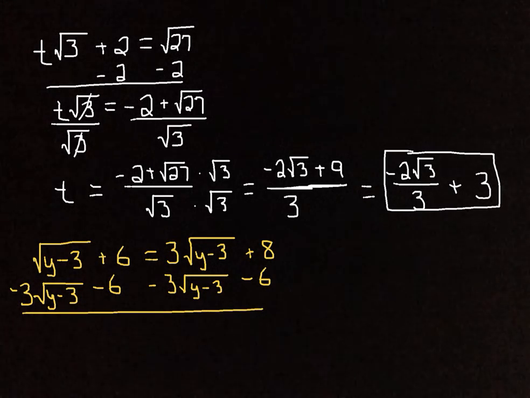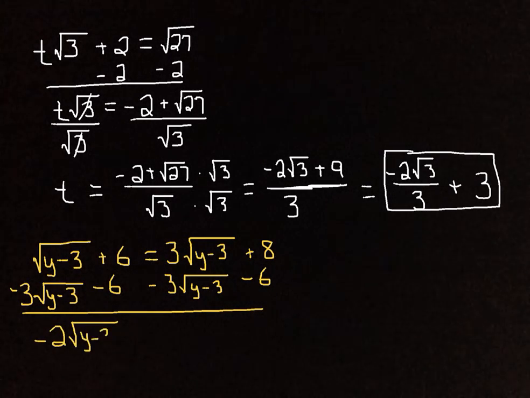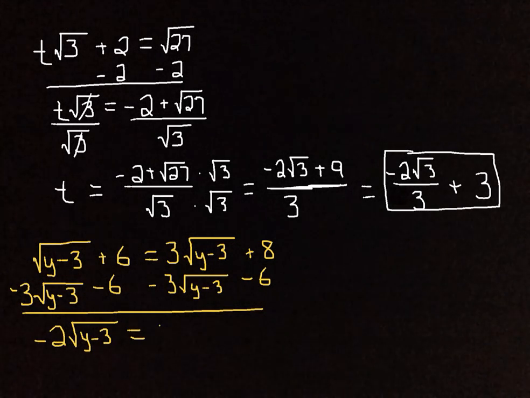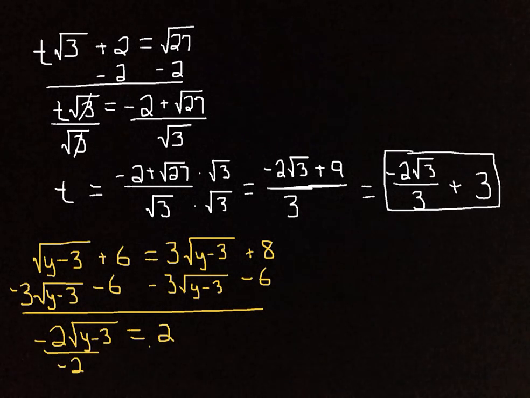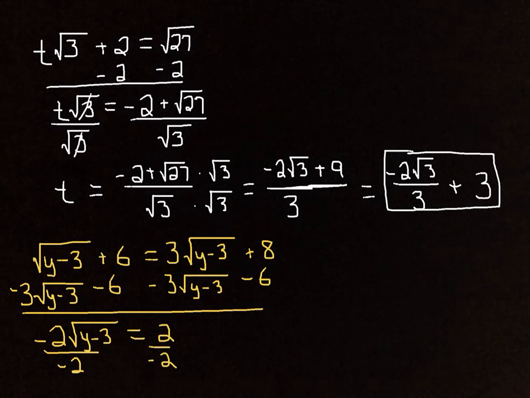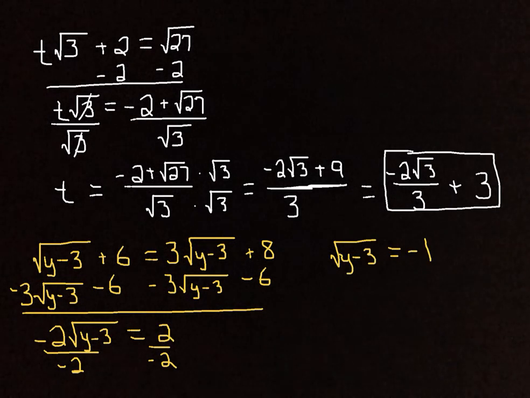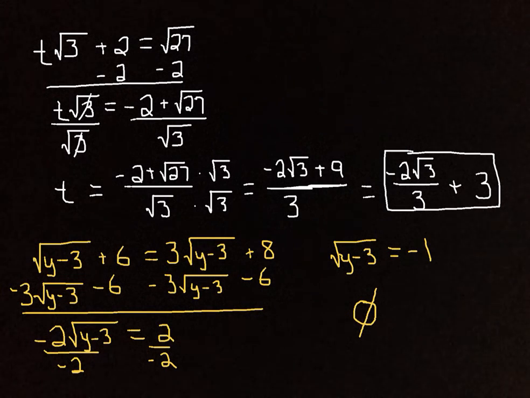Now, 1 square root of y minus 3 minus 3 square root of y minus 3 is negative 2 square root y minus 3 is equal to 8 minus 6 is 2. Now, I can divide by negative 2, and so I have the square root of y minus 3 is equal to negative 1. Now at this point I'm going to stop because I see that I have a square root equal to a negative number. That doesn't exist. So my answer then is simply no solution or extraneous solution.